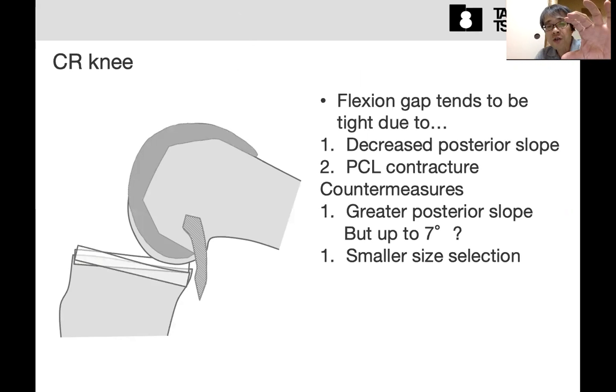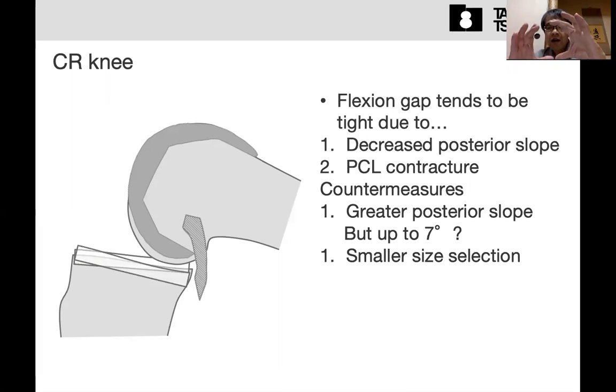So we always use the sizer. This is the anterior reference one. So anterior reference sizer means the anterior cutting surface is decided, and the size variation is adjusted by the cutting thickness of the posterior condyle.